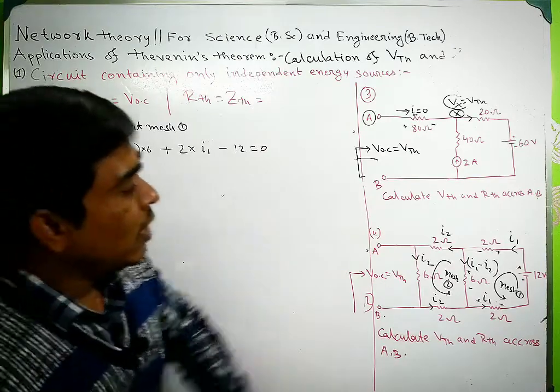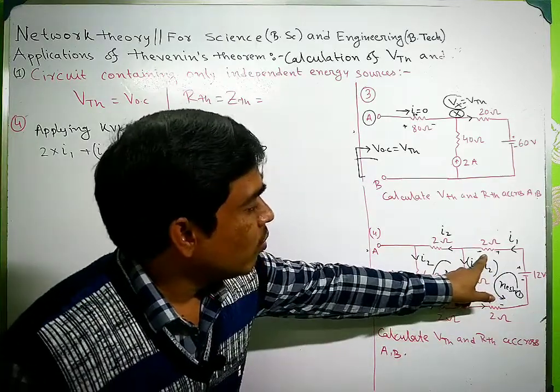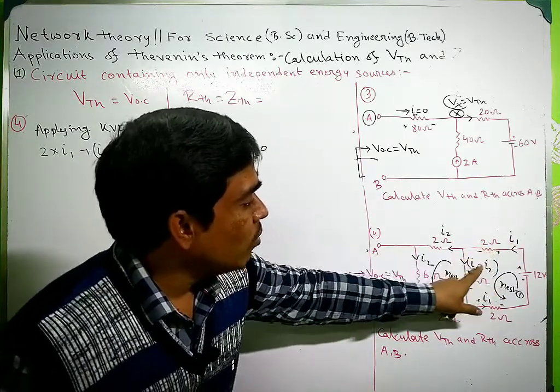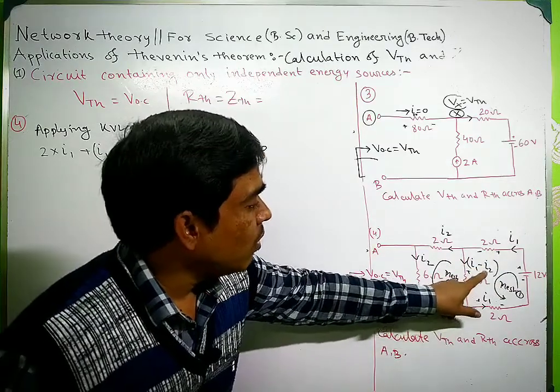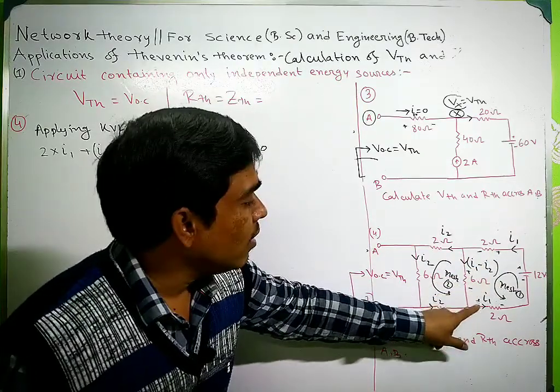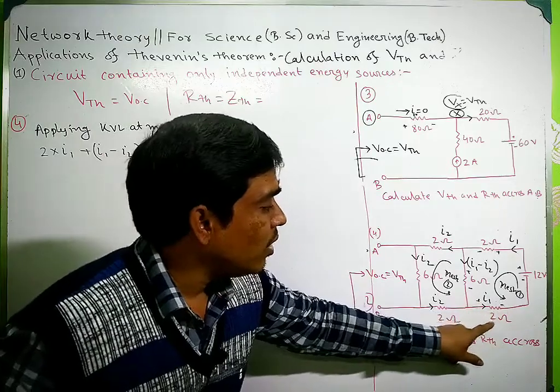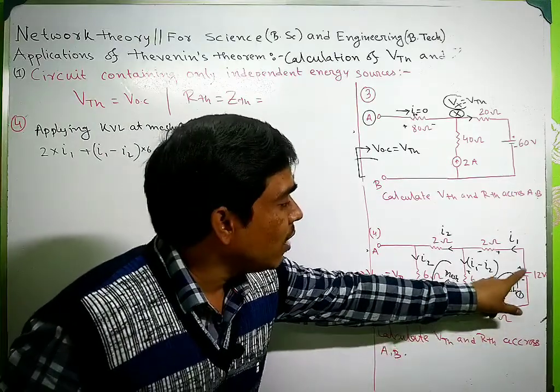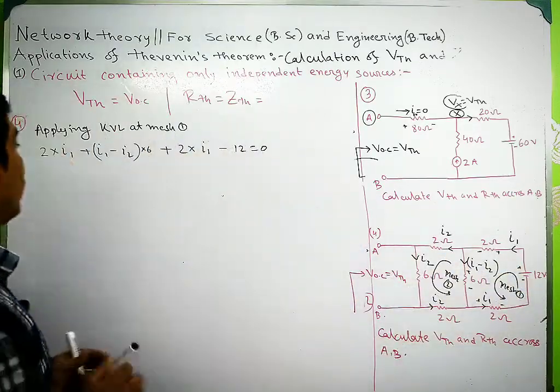So plus I1 into 2, plus (I1 minus I2) into 6, plus I1 into 2, and this is minus, that's why minus 12.